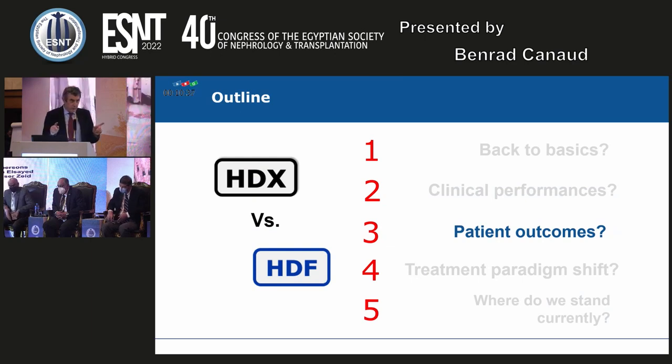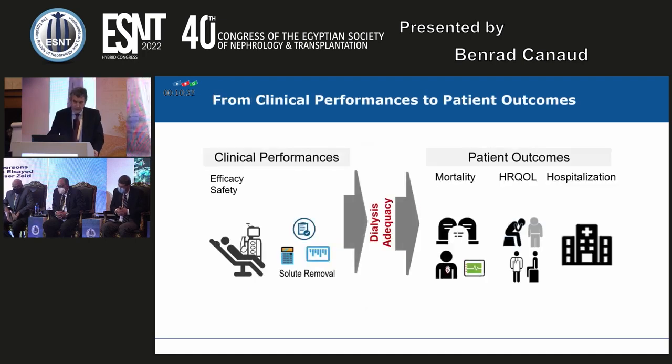So now the point is to move from clinical performances to patient outcome, which is a different story. As you know, doing some of the treatment, you need to repeat this and multiply over time to make sure that you can remove a sufficient amount of solute.